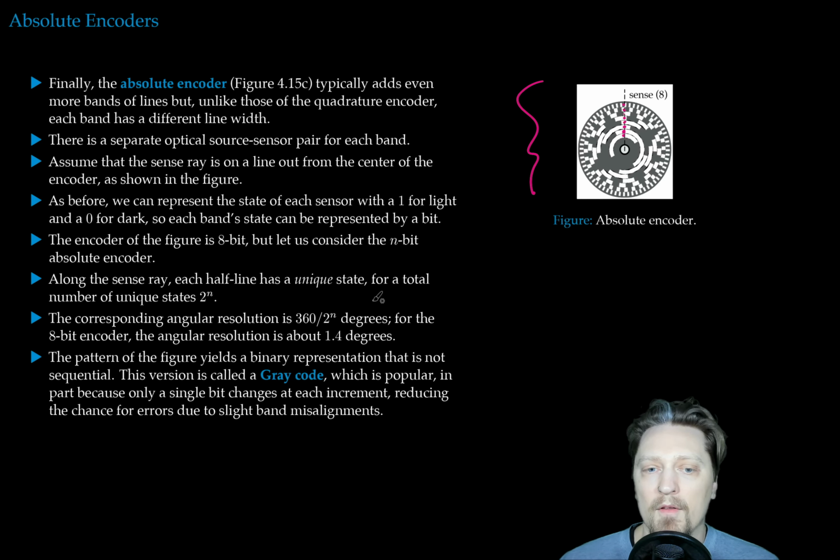The pattern of the figure yields a binary representation that is not sequential. This version is called a gray code, which is popular, in part because only a single bit changes at each increment, which is quite nice, reducing the chance of errors due to slight band misalignments. So the gray code is a clever way of mitigating errors.